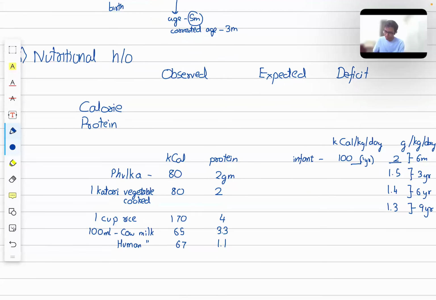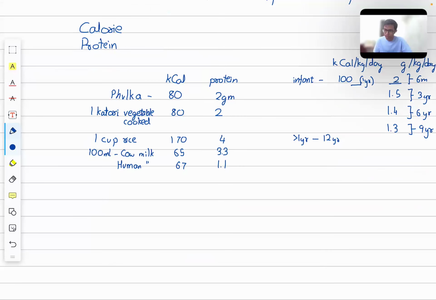What about a child greater than 1 year up till 12 years? So we will be using the Holliday-Segar formula to calculate the calorie and fluid intake. So calorie in terms of kilocalorie per kg per day and water requirements in units of ml per kg per day.